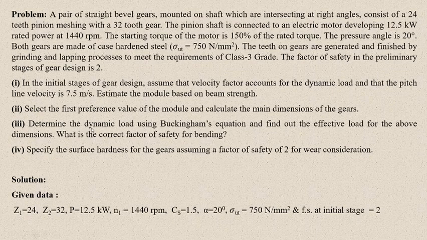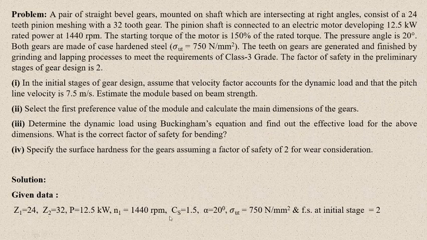Third point, determine the dynamic load using Buckingham's equation and find out the effective load for the above dimensions. And what is the correct factor of safety for bending. In the third point, we have to calculate Fi, Fd and factor of safety. In the fourth point, specify the surface hardness for the gears assuming a factor of safety of 2 for wear considerations.